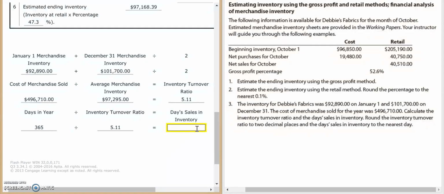So we're going to round down to 71 days. Which means that when we make a purchase of merchandise, it sits in our store for 71 days until it's sold, which is just over 2 months, coming up on 2.5 months. That's quite a bit of time for us to be hanging on to merchandise.